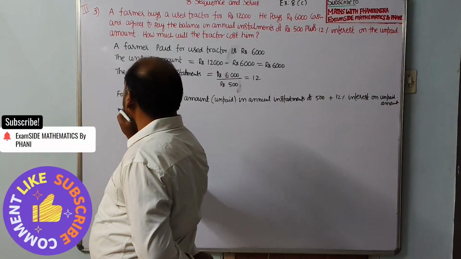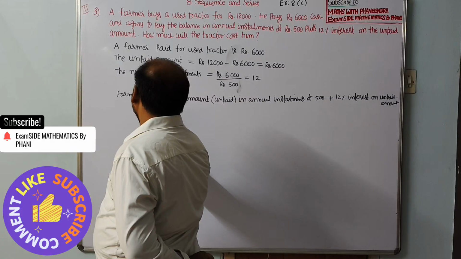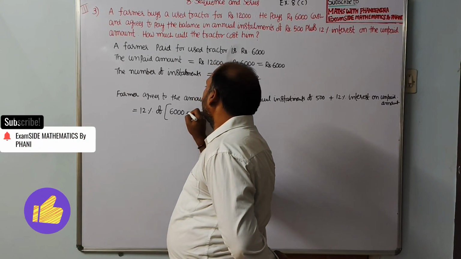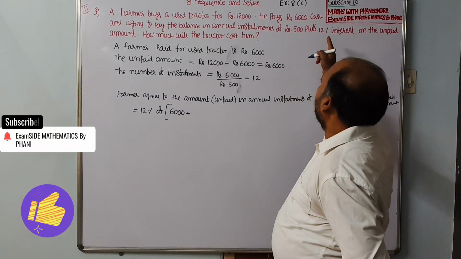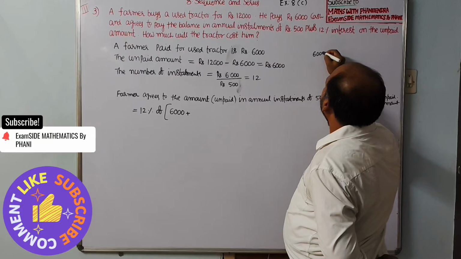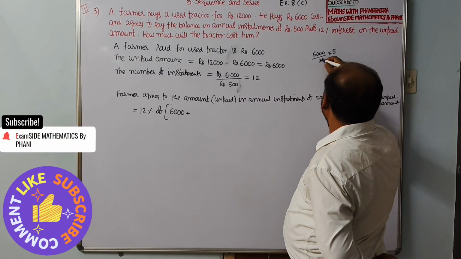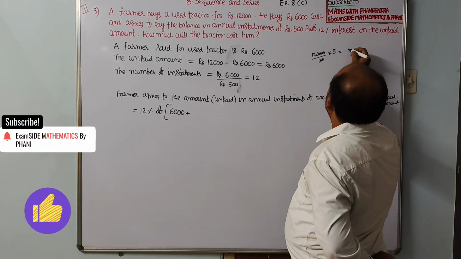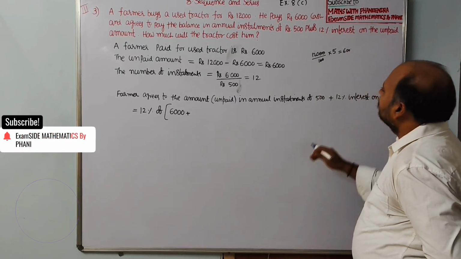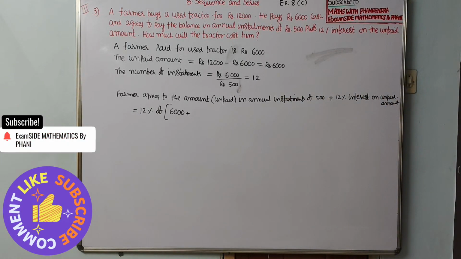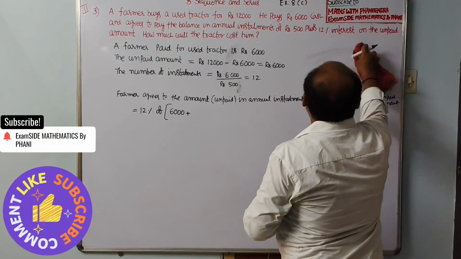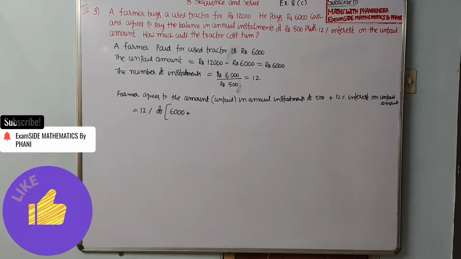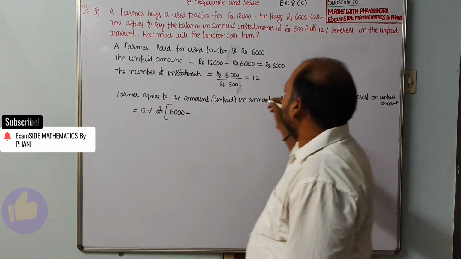So what will be that? 12% of, so first the unpaid amount is 6,000, plus next will come 5% of the unpaid amount, 5% of 6,000. $6,500 is paid, no?